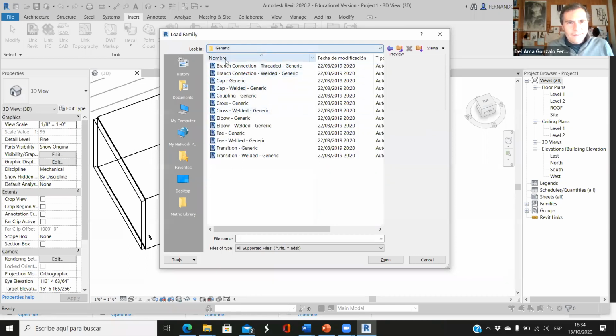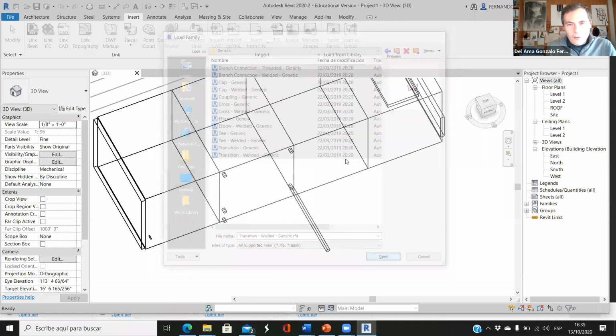But we are going to use the generic ones. So we are not concerned about the material. We are just connecting things. So let's select everything, because here we have elbows, T's, transitions.